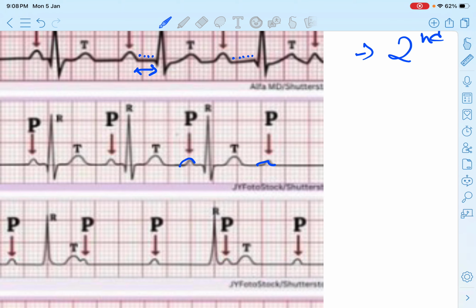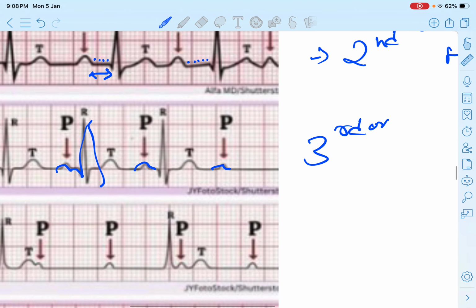There is no relationship with the QRS. That is called third degree heart block. This is a very emergency. If you notice this graph, third degree heart block, you will document this and call your doctor.